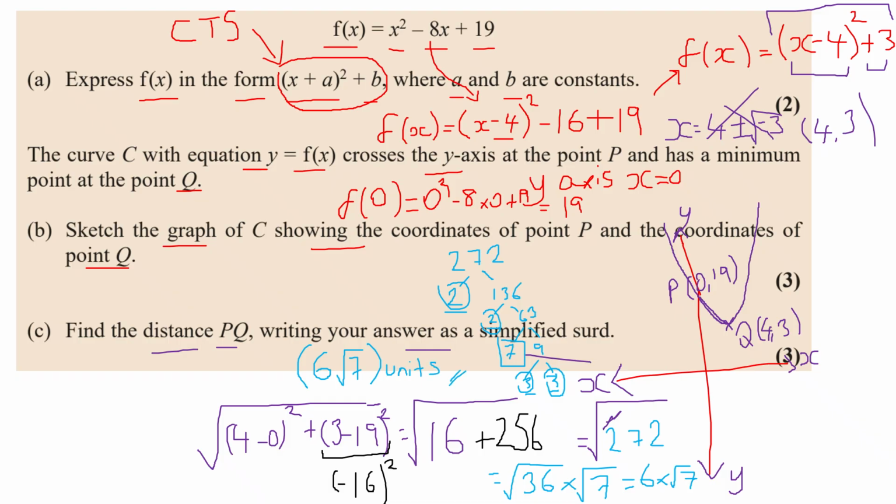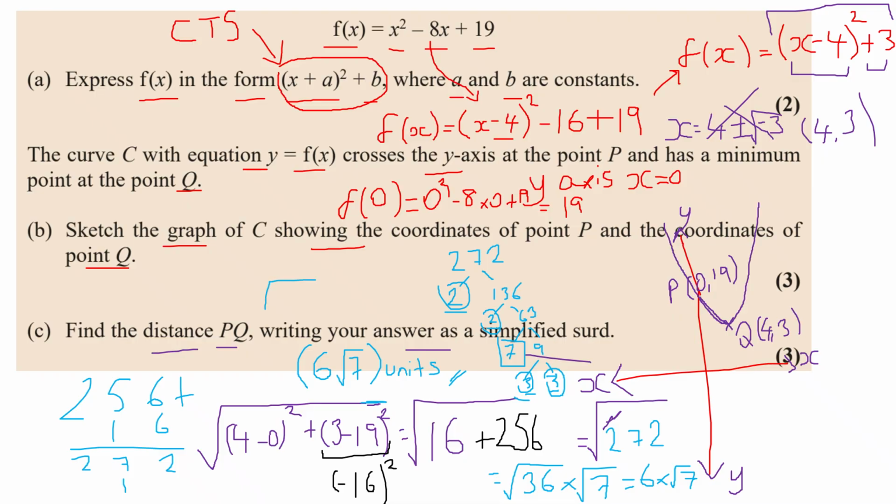So we worked out the difference in the x coordinates, then squared it. The difference in the y coordinates, squared it, added them together, and then square rooted. Once I add it together, you get 256 plus 16. 6 add 6 makes 12, carry the 1. 5 plus 1 makes 6, plus 1 makes 7, and we've got the 2 there.